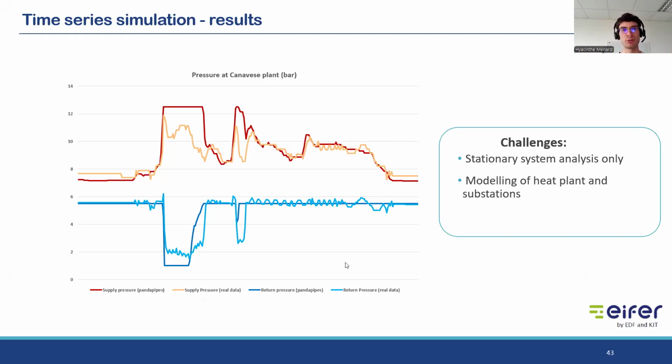That will be the point of the next webinar on the 23rd of April. We'll be able to couple pandapower prosumer, which can model more precisely the different systems inside the heat plant, the CHP, the heat pump, the storages, etc., and couple that to pandapipes.